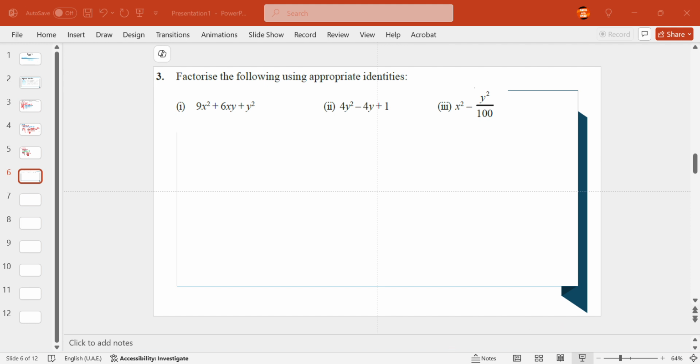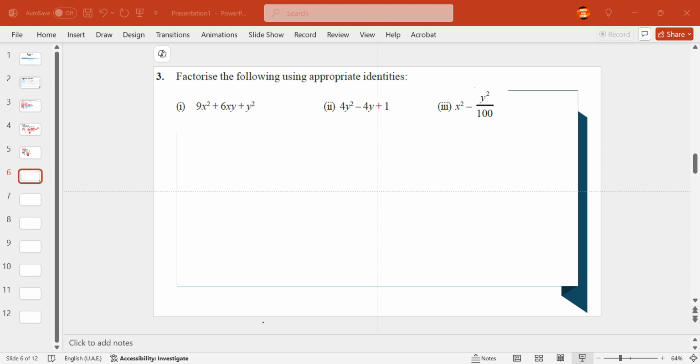So what did we understand now? Whenever an expression is given, the first step is to check the number of terms. And if the number of terms is 3, then the first step is to check whether the first and third terms are perfect squares or not.